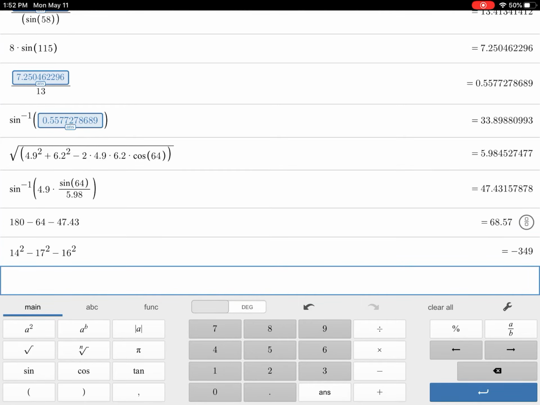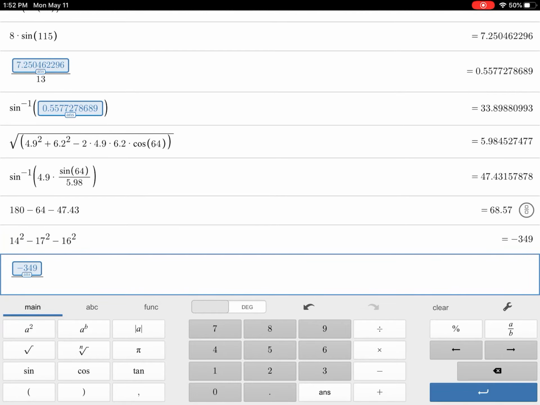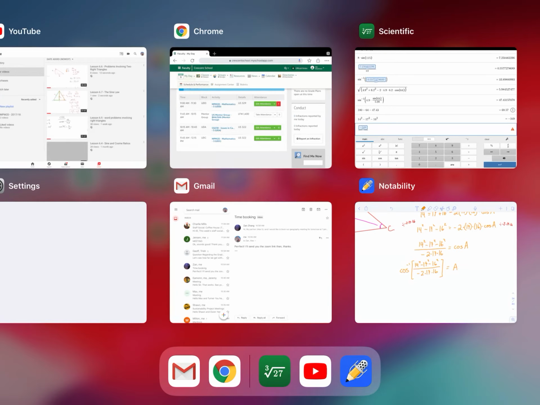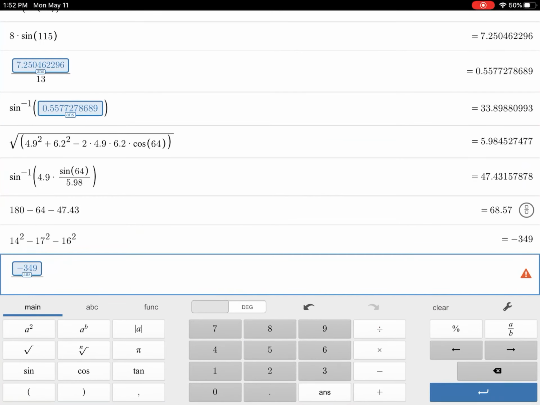Then I'm going to do my answer divided by my denominator. My denominator was minus 2 times 17 times 16.